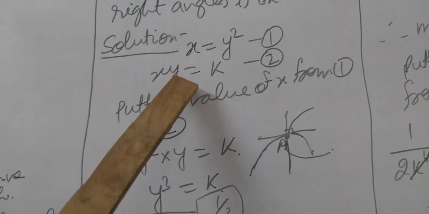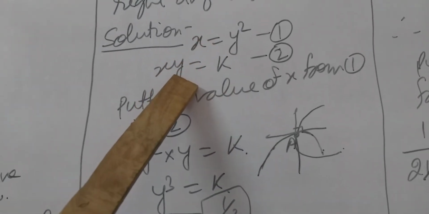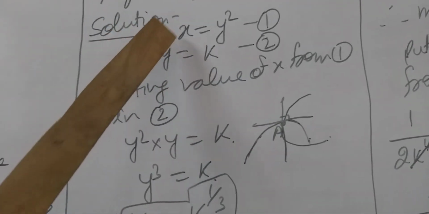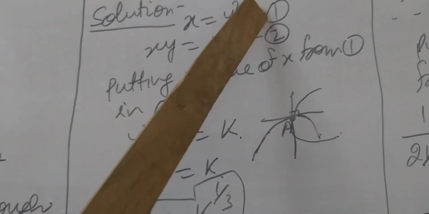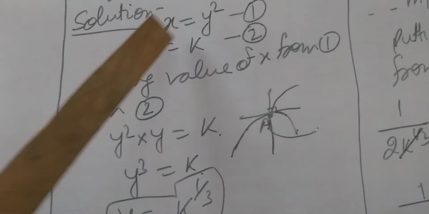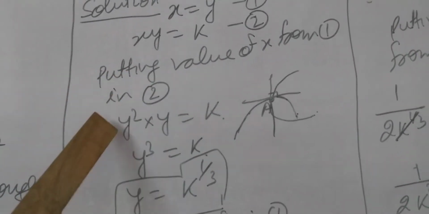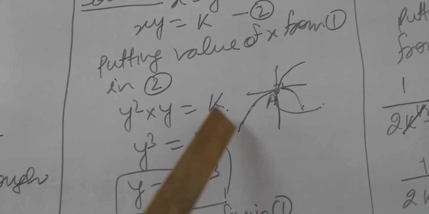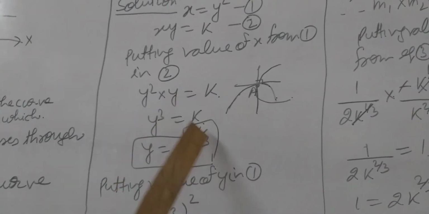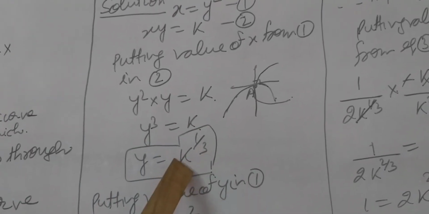To get the point of intersection, we have to solve both of them. So we are going to put the value of x from equation 1 into equation 2. At the place of x, we can put y square. So it will become y square into y equals k, y cube equals k. So y equals k to the power 1 by 3, meaning cube root of k.